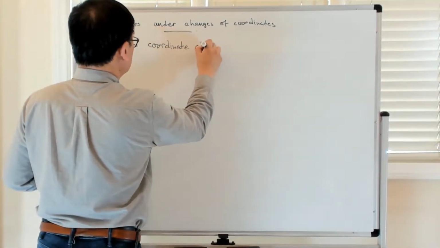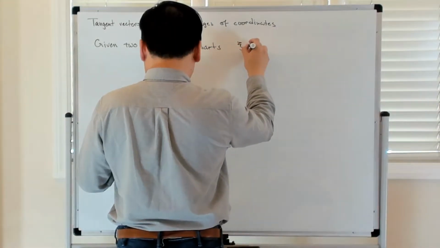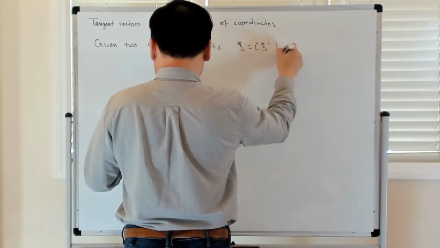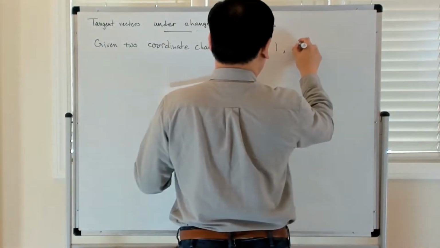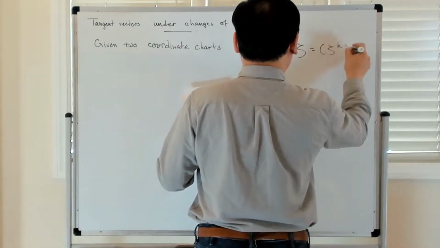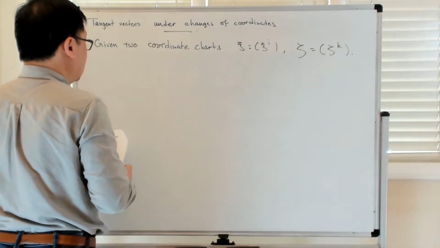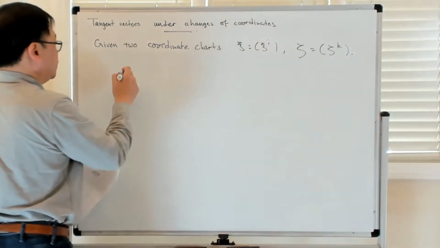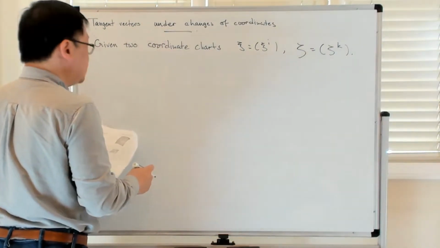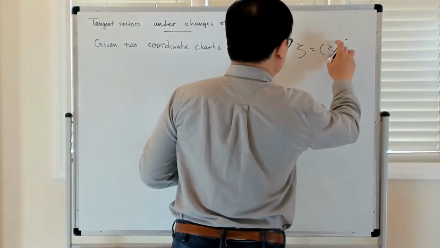two coordinate charts, let's say phi and psi, then you have two basis elements.